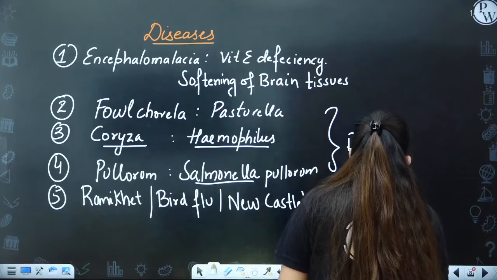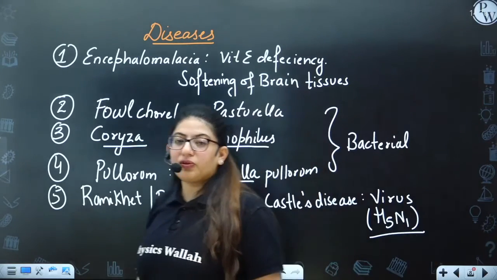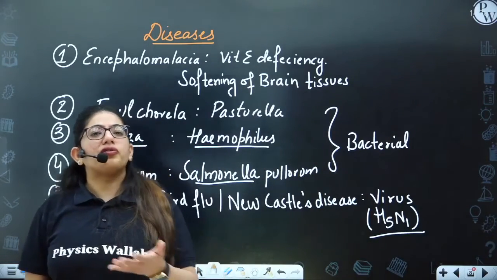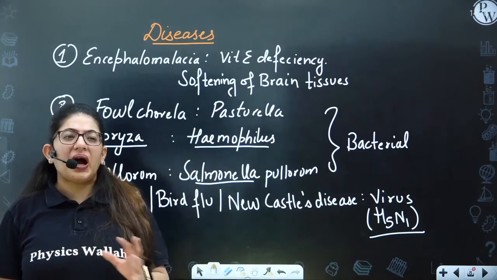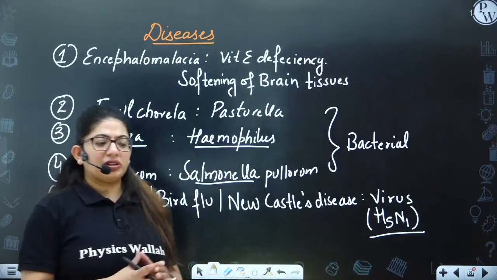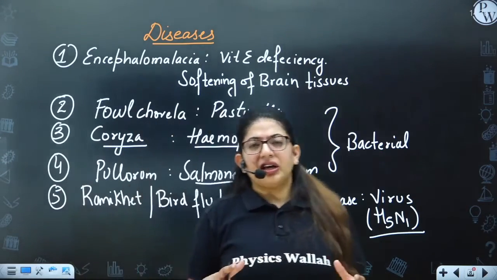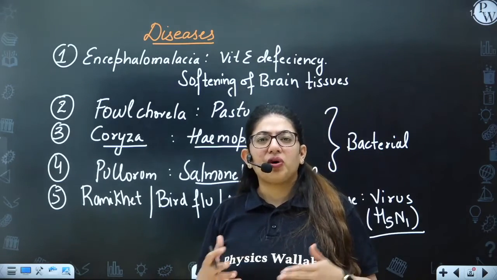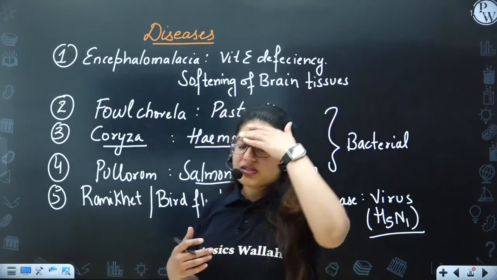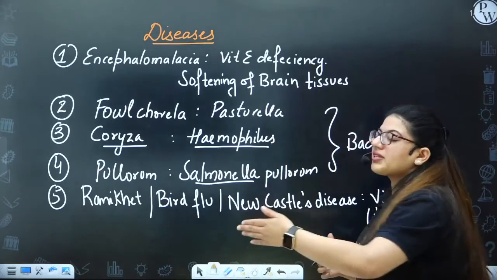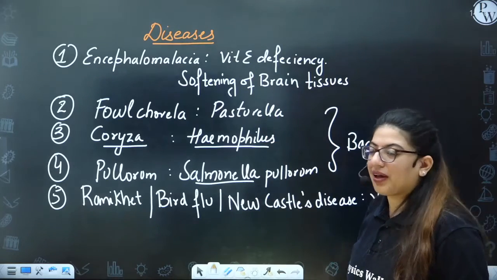The H5N1 virus. This virus causes bird flu, and due to this, a lot of these chickens die in a huge group at once, and it's a lot of loss to this industry. All right, so those are the various types of diseases belonging to poultry management.